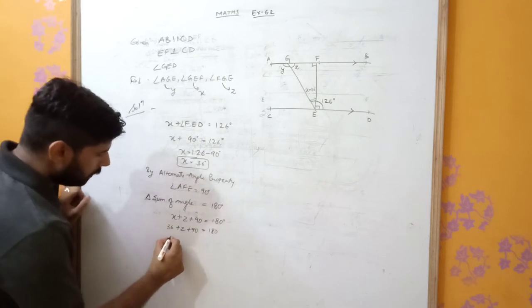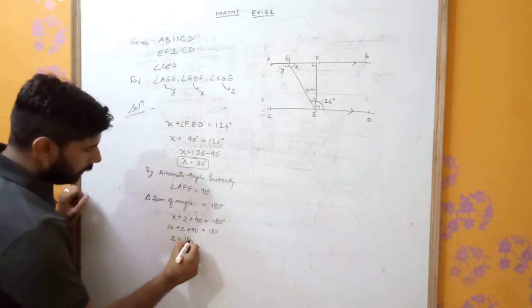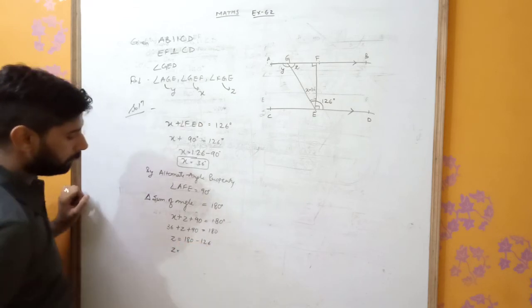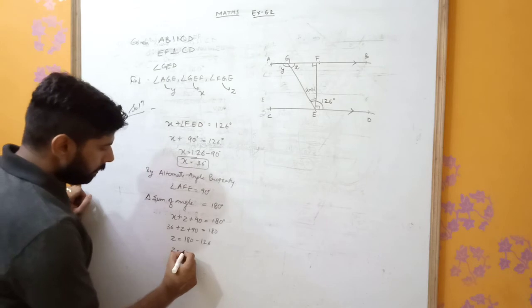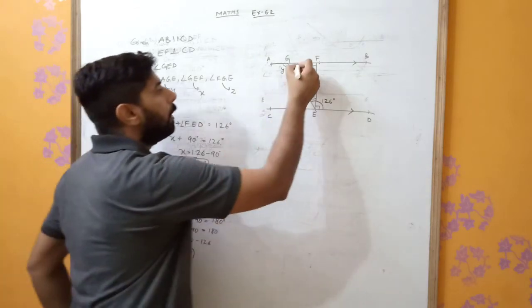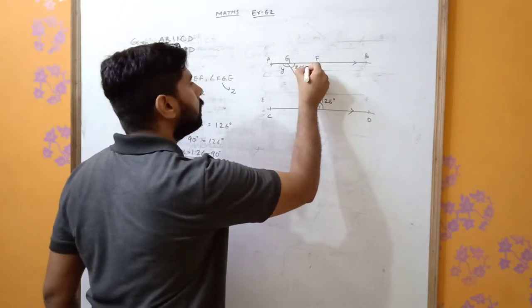Now the final value: Z is equal to 180 minus 126. So Z is equal to 54 degrees.